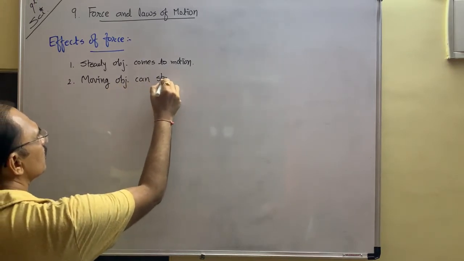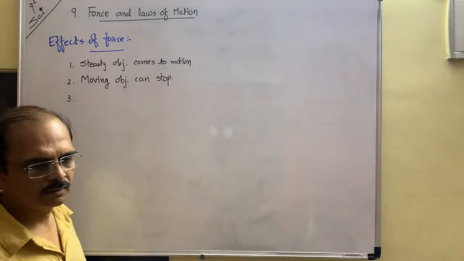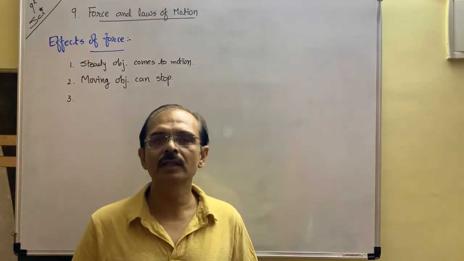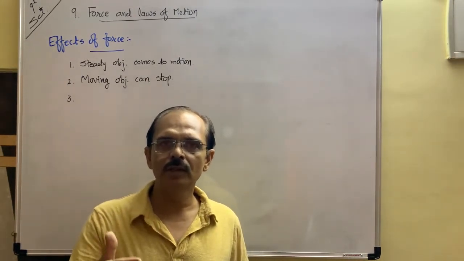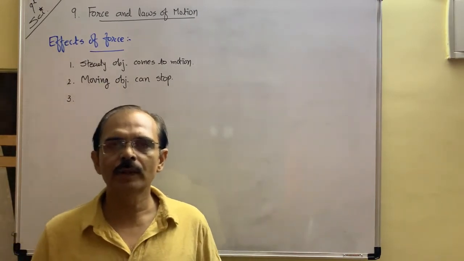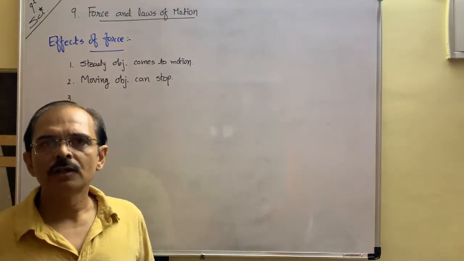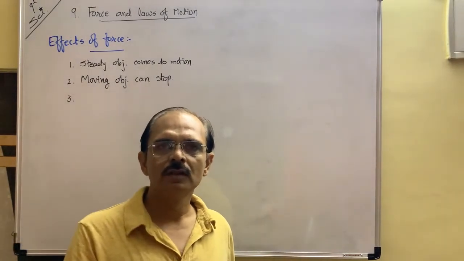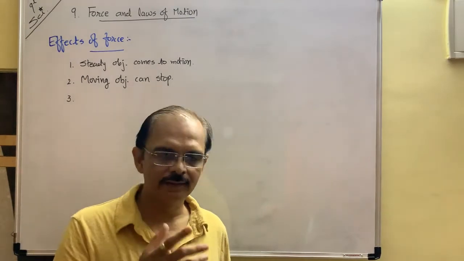Another chance for a moving object: suppose an object is in motion and you apply force, then maybe its velocity changes. Maybe it increases, maybe it decreases. As for example, when a bowler bowls towards the batsman, and with the help of the bat, the batsman tries to hit this ball. At that time, by applying force, the velocity of the ball may decrease or increase.